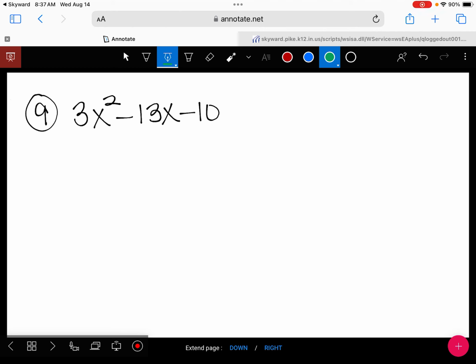Nope, not 10 and 3. Because see at the top, 3 times negative 10 is negative 30. Yeah, all right.